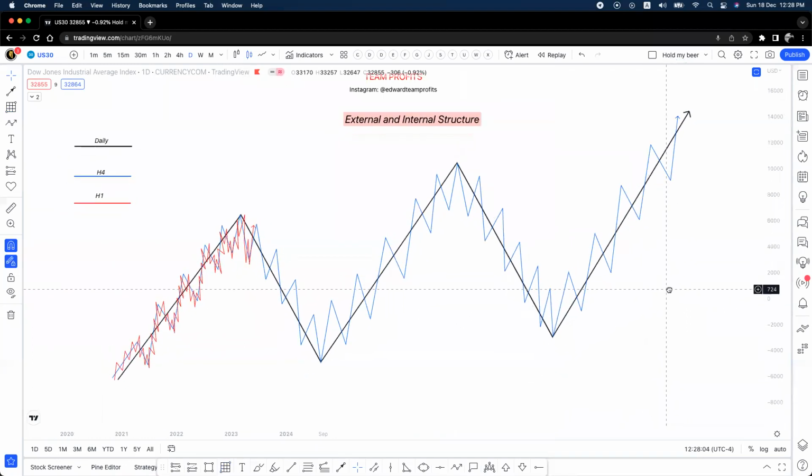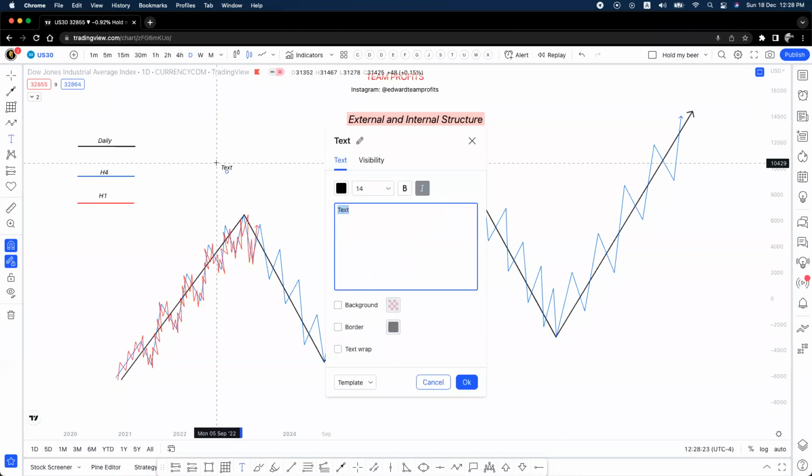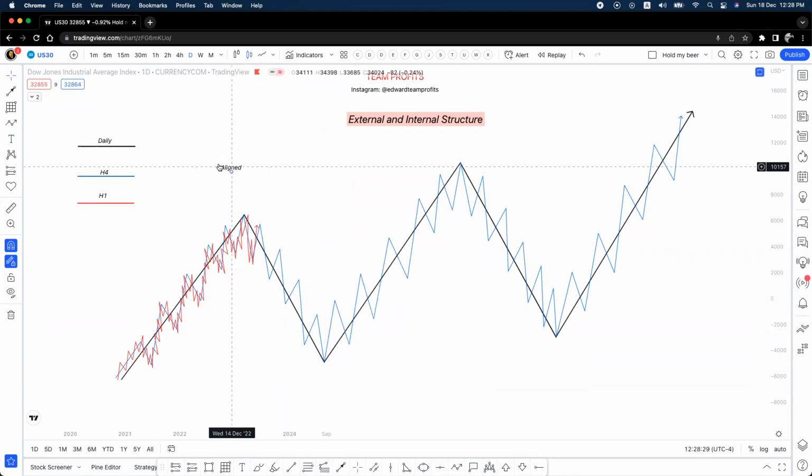But understanding the direction right now on the big time frame, we are bullish. What some traders do is wait for all the time frames to be aligned. I don't know how to say this word in English. I think it's aligned. Yep. Everything to be aligned.